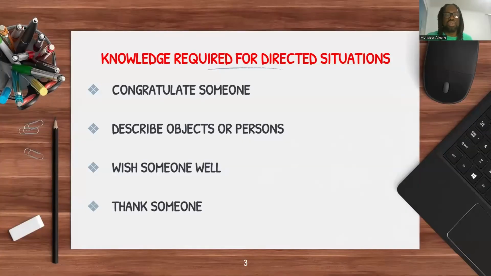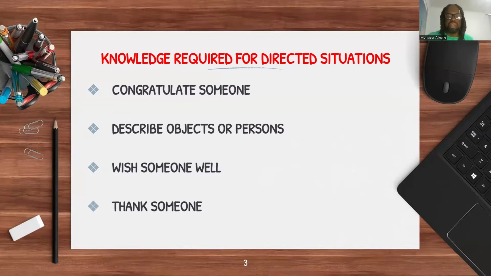You also have to know how to congratulate someone, describe objects or persons, wish someone well, and also to thank someone. These things you need to know to prepare yourself for the directed situations component of CSEC Paper 2.